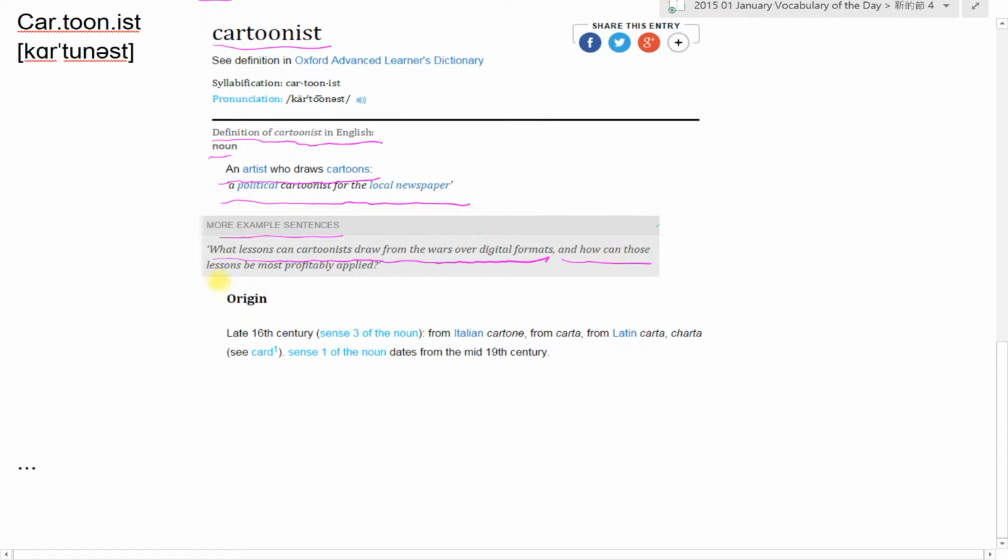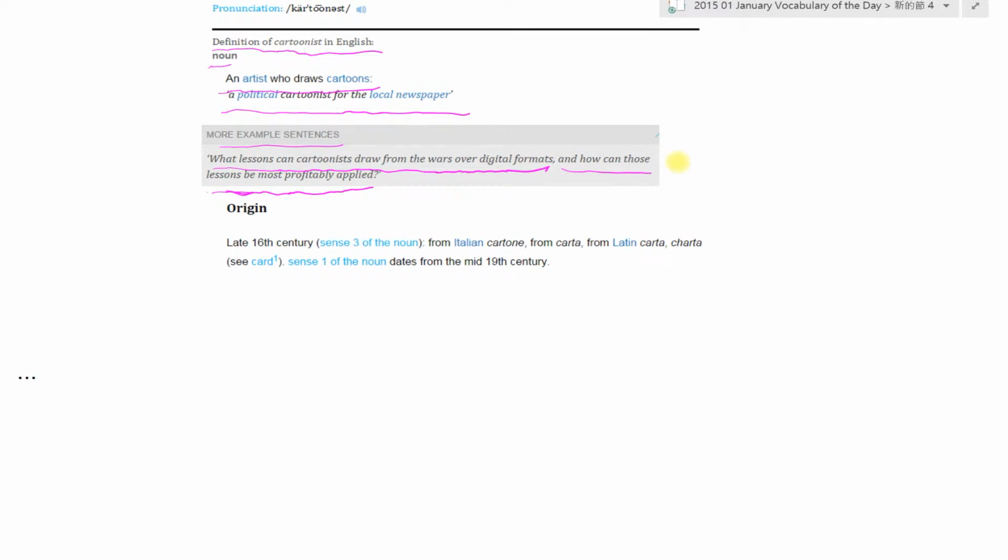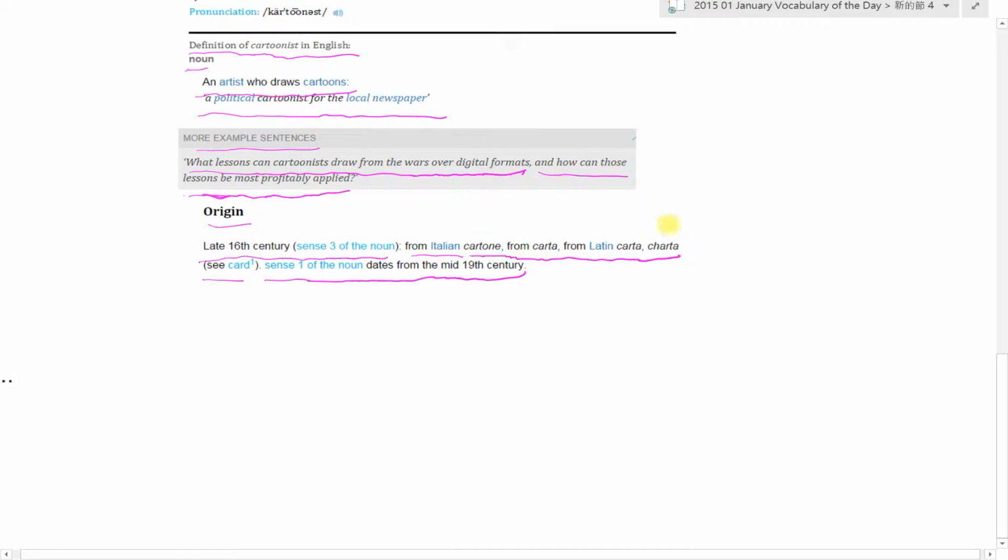And how can those lessons be most profitably applied? Origins. Late 16th century, from Italian, cartone. Since 1 of the noun, dates from the mid-19th century.